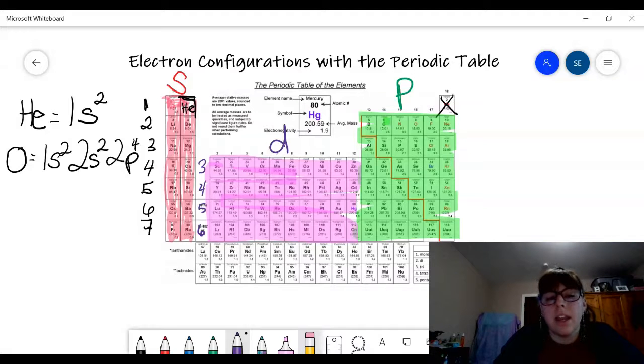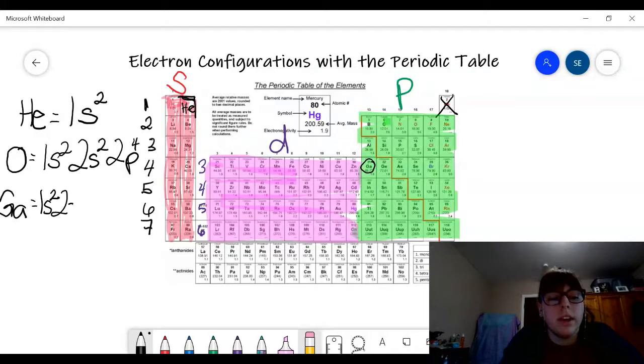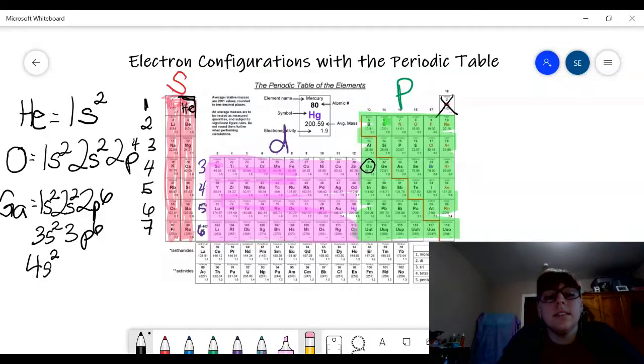So if I were to write the electron configuration for something that included a D orbital, for example, let's say gallium, that would come out to be 1s2, 2s2, including all of 2, 2p6, because I need to include all of that second energy level, 3s2, 3p, all of them, so that would be 3p6, 4s2, 3d10.